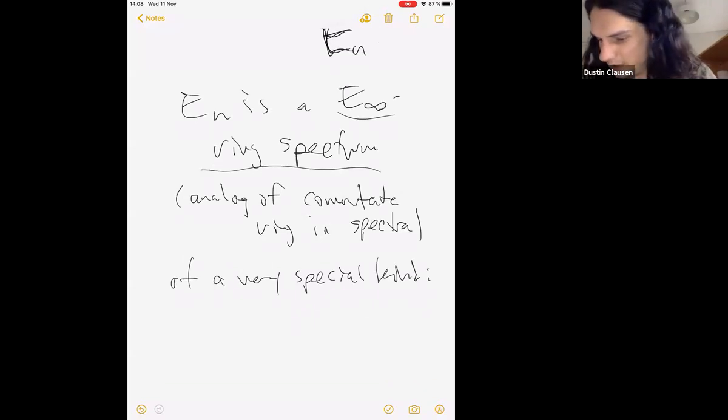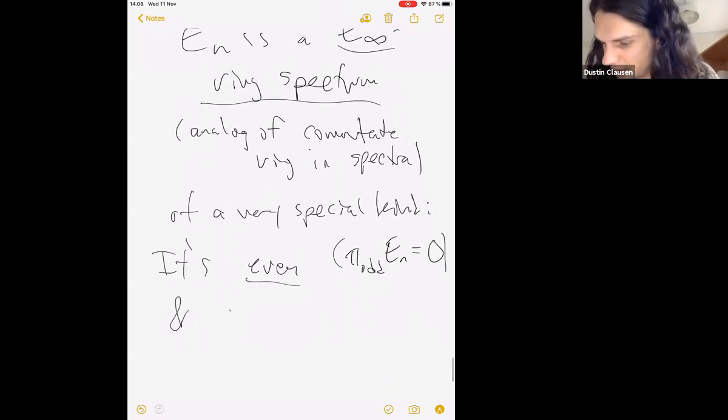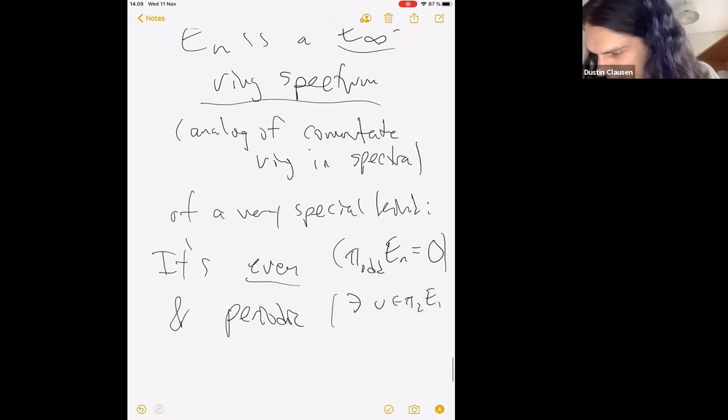It's even, so that means the odd degree homotopy groups are 0, and periodic. So there exists a periodicity generator in degree 2 such that the whole homotopy group ring is just the periodization of the pi 0.